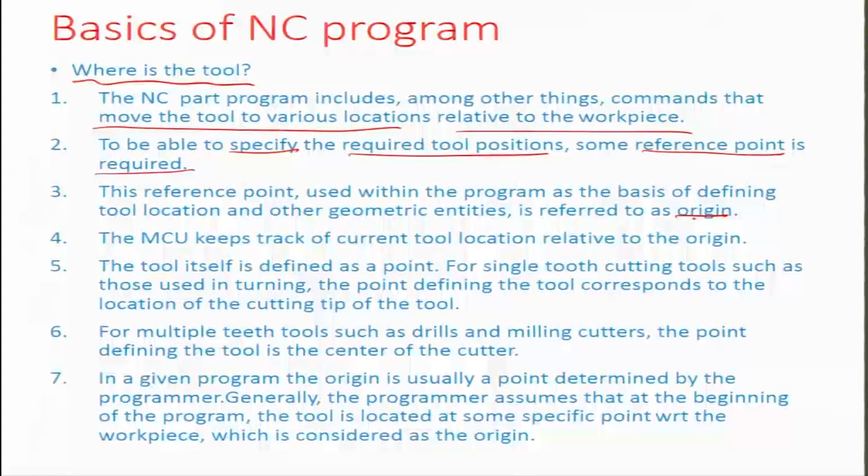All the geometric entities which are defined in terms of the tool path, and the motion of the tool as a progression in time, would be with reference to that particular origin, and so there has to be some fixed point in space which is considered by the machine control unit to be the origin, and all of the motions are executed relative to the tool with reference to this origin.